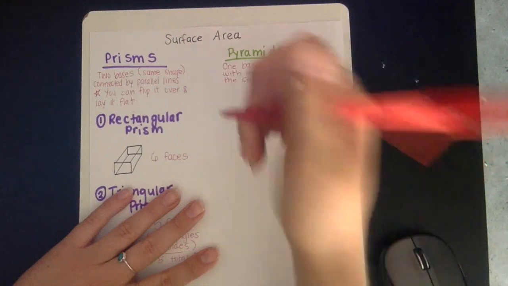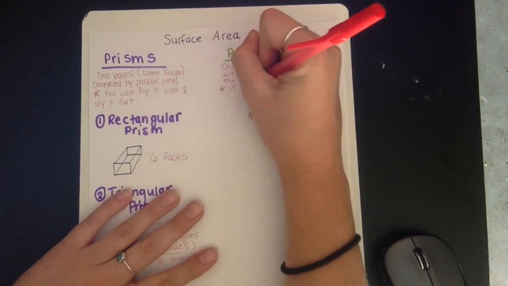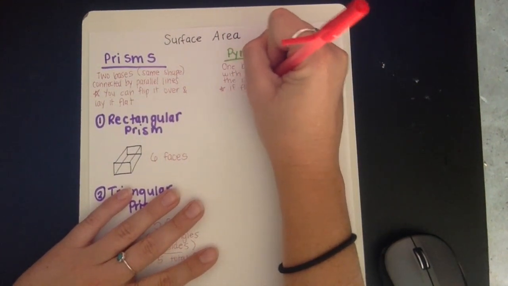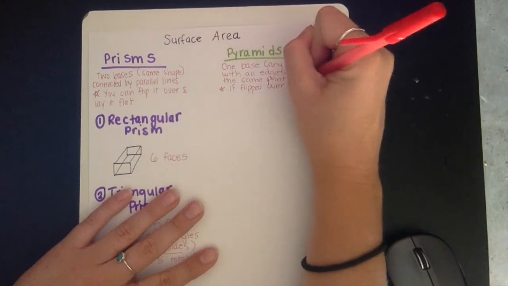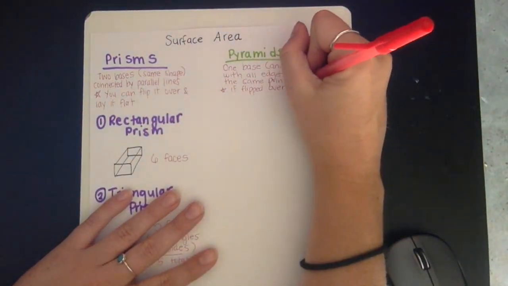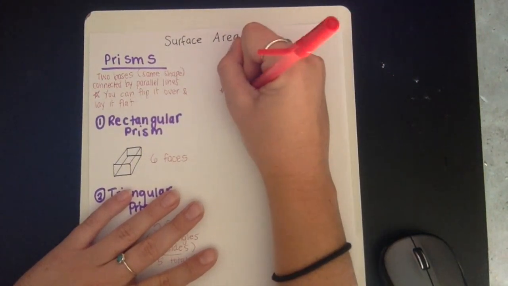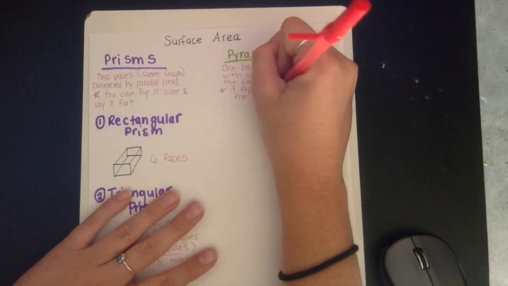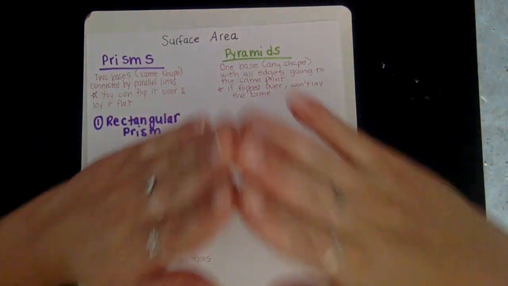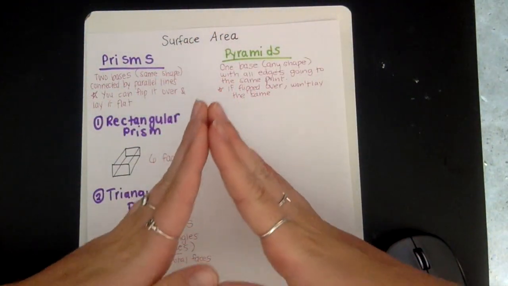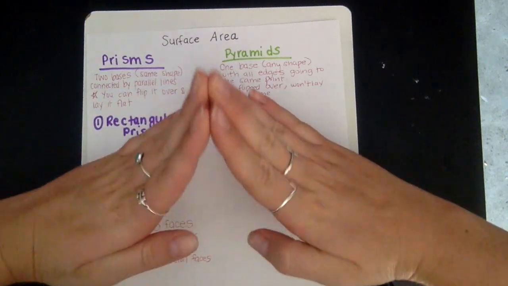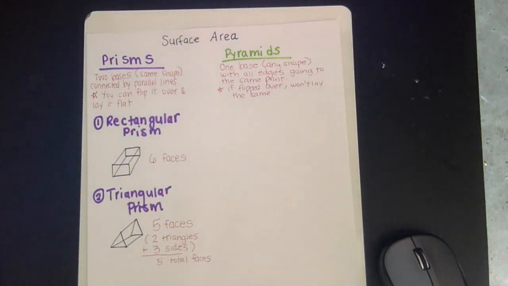So if I were to flip it over, it'll be on that tip. It won't balance. It won't lay the same. So a pyramid, if you think of the Egyptian pyramids, we often think of triangles or something pointy at the top, which is very similar.